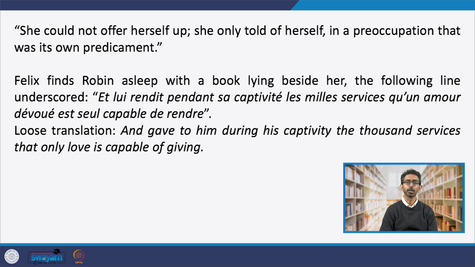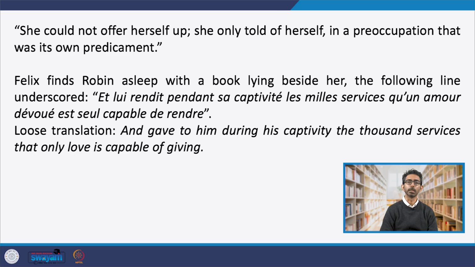Now, Felix walks in on Robin, who's sleeping one night, having wandered for a few days, having done her night walking, and he finds a book lying open beside her. And the following line marked or highlighted. The original quote is in French. I will read a loose English translation.